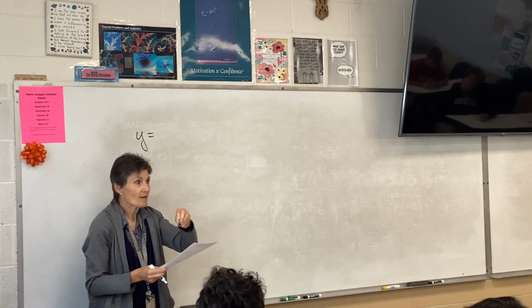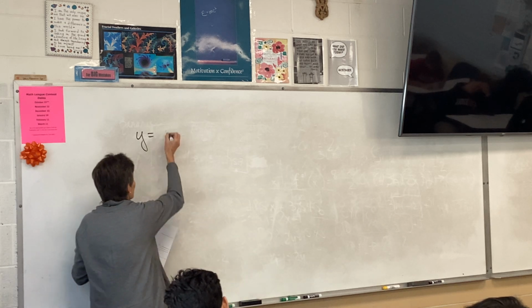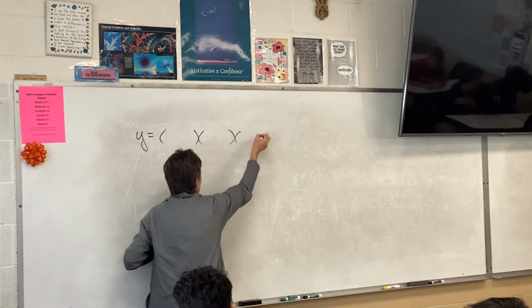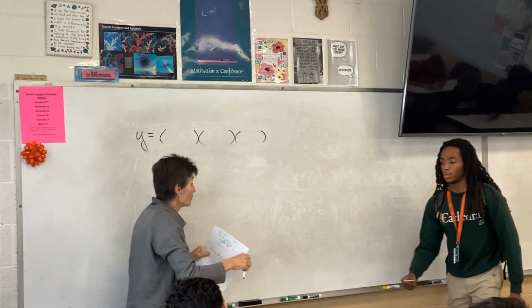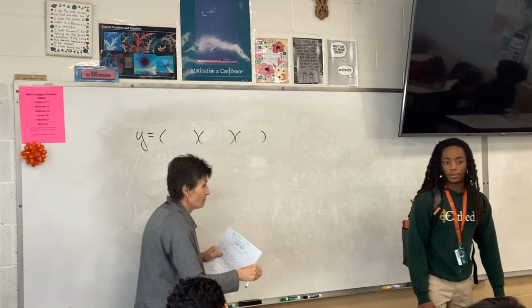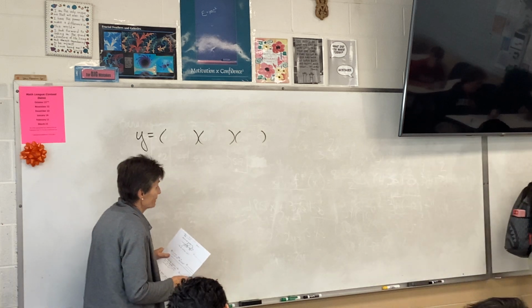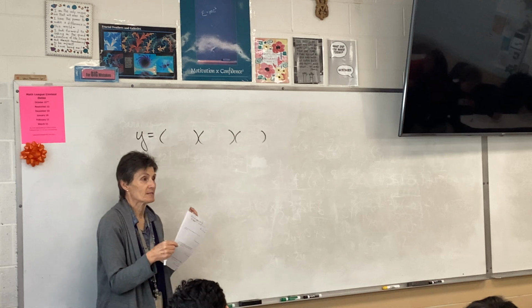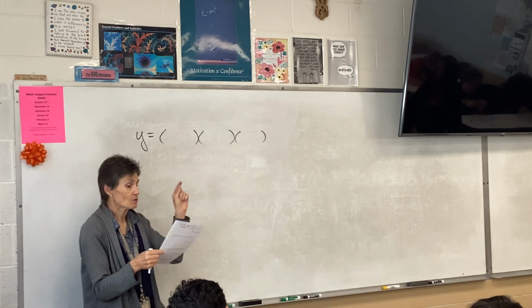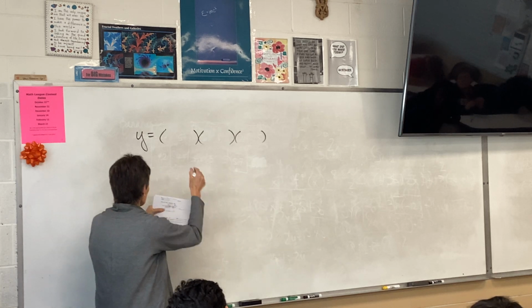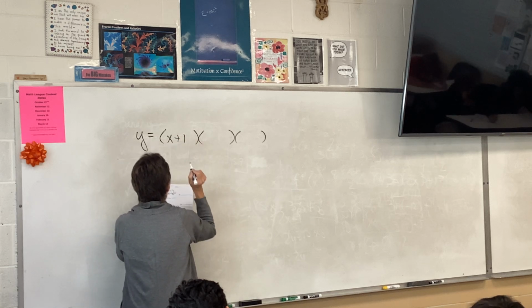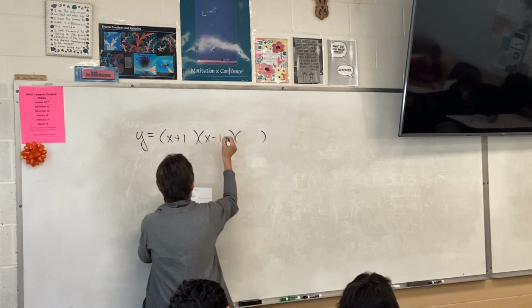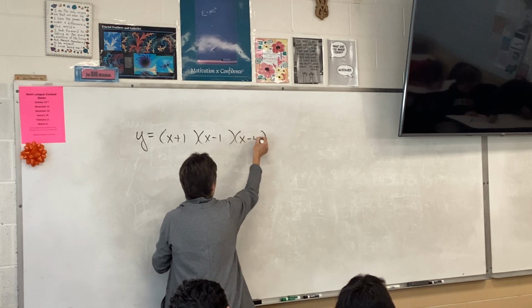But before we get to that, we need to set up some parentheses. How do I know I have 3 parentheses? Because there are 3 zeros. So in the parentheses will be x plus 1, x minus 1, and x minus 4.